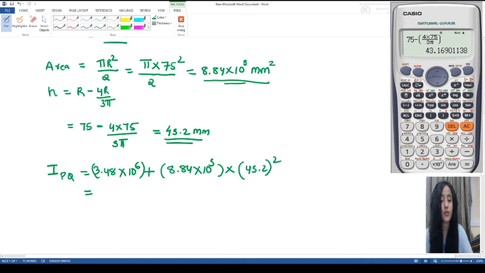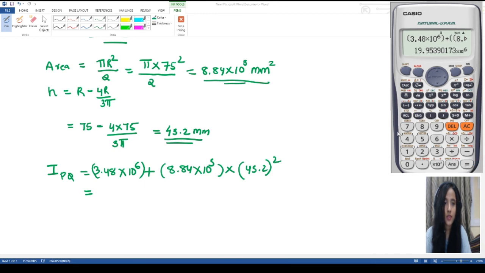So let us see how much we get. 3.48 into 10 raised to power 6 plus 8.84 into 10 raised to power 3 into answer square.